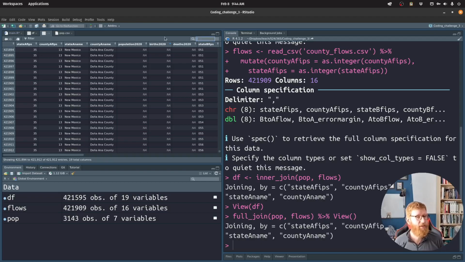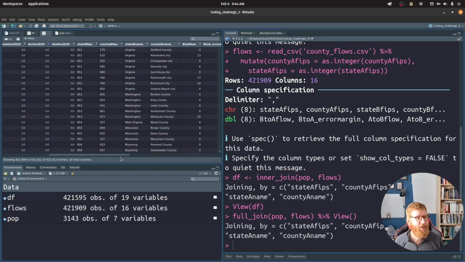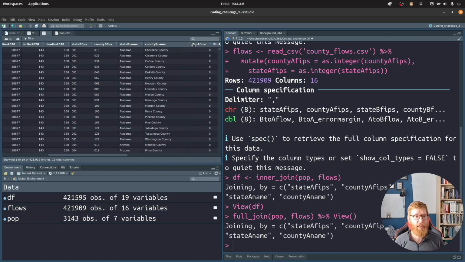If we sift through here, we will find that the formatting came in a little bit differently on one than the other, which is really annoying. And that's why we've got a whole unit later in the semester about working with text. We're not going to worry about that right now. Notice that we've got these values. So the county flow data just didn't match up with population data.